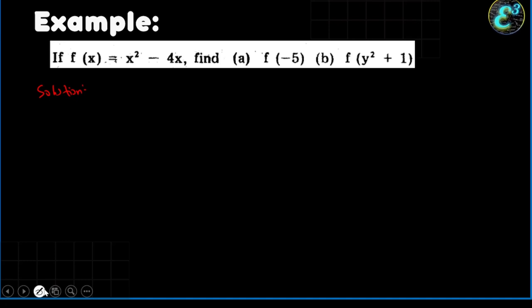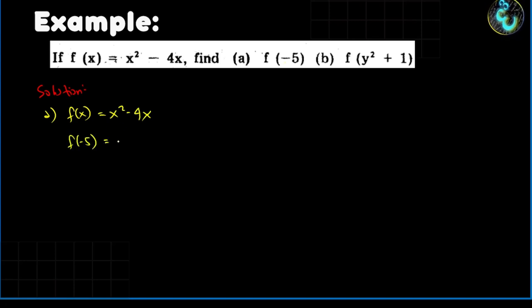Let's first have f of x for letter A, which is equal to x squared minus 4x. We just need to substitute negative 5. So our x will become negative 5 squared minus 4 times negative 5.